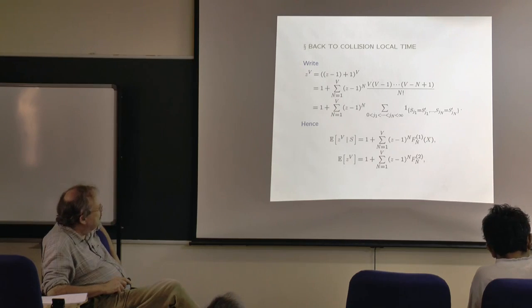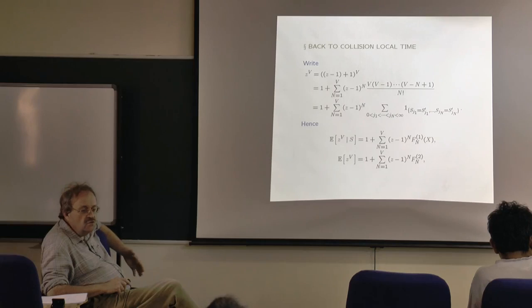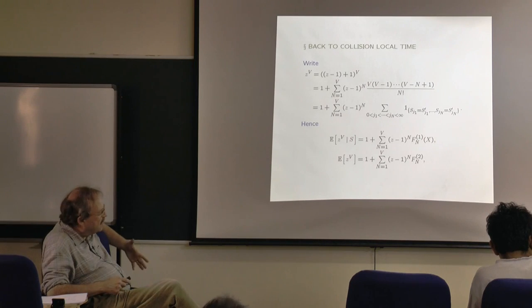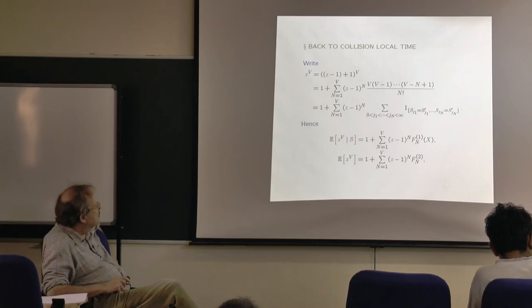So in the next few slides I'm going to go through some calculation in which I'm going to prepare these two things into a shape that is ready to be used, where we can use these two large deviation principles.